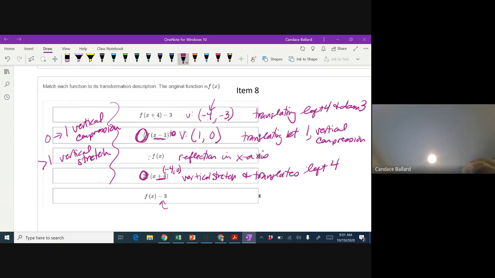Technically, this is just a technicality, okay? When you say the word down, you don't need the negative on it, because the down indicates the direction and takes care of the negative sign, but that's me being really picky, okay? So we would say translation down 3.